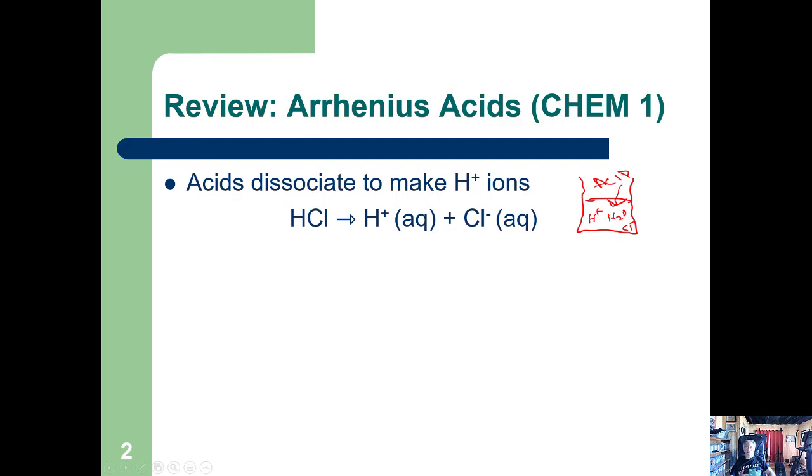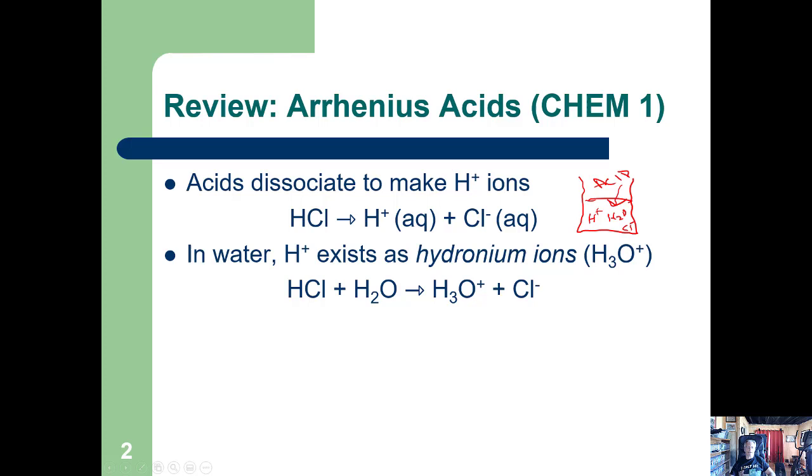So acids dissociate, they make hydrogen ions in solution. In water, hydrogen ion exists as a hydronium ion. So we could write this exact same reaction. If I put hydrogen ion in solution, here's that hydrogen ion in solution, and you have water molecules in here. And the hydrogen ions are a very reactive species. Water is a very polar molecule with a partial negative charge on the oxygen end.